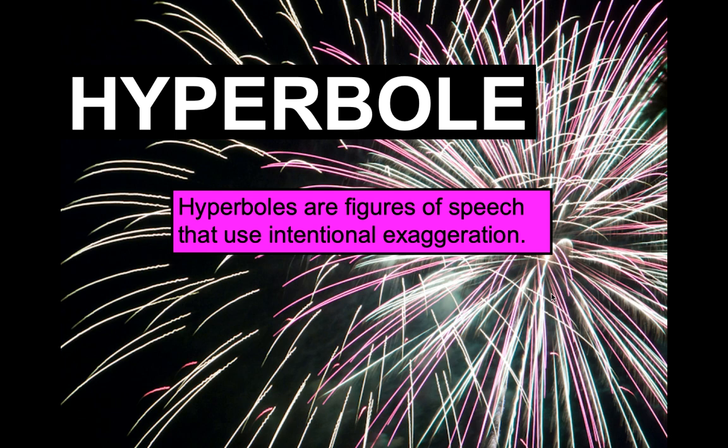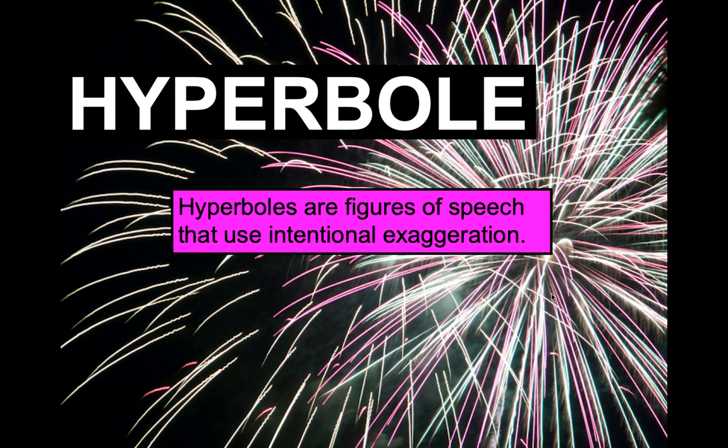Hyperboles are figures of speech that use intentional exaggeration. When you see a hyperbole, it's that type of figurative language that uses a lot of exaggeration. When you exaggerate something, you make it seem larger or a bigger deal than it really is. For example, a lot of my kids would say, "Oh my God, my mom would kill me if she found out I did that."